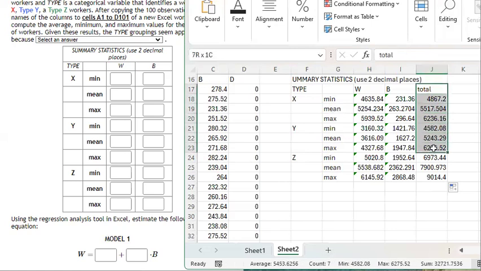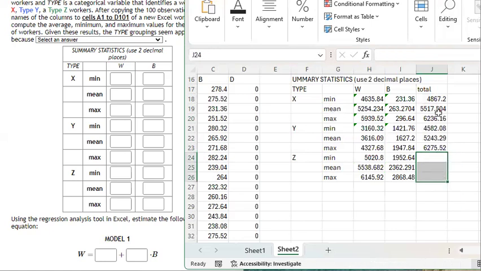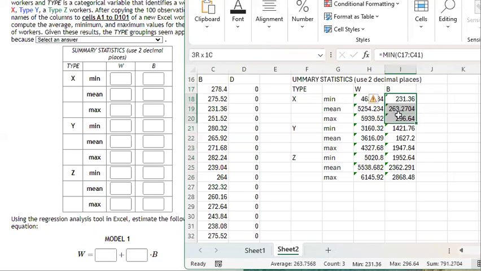So the total compensation is substantially higher for the type Z workers, right? And then the type X workers, they generally have low monetary values for their benefits, right? They have high wage values, right?